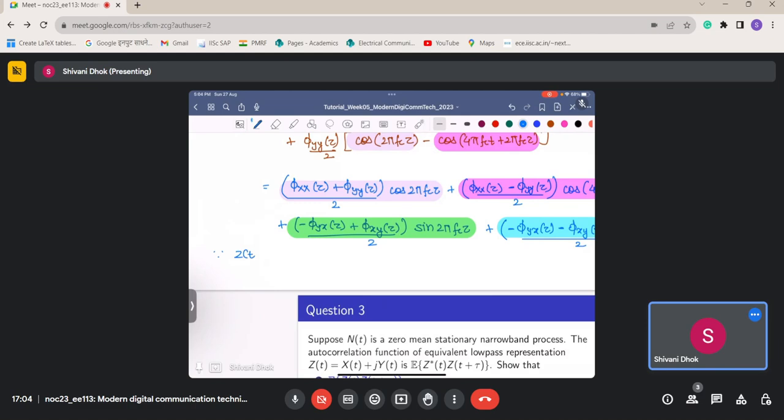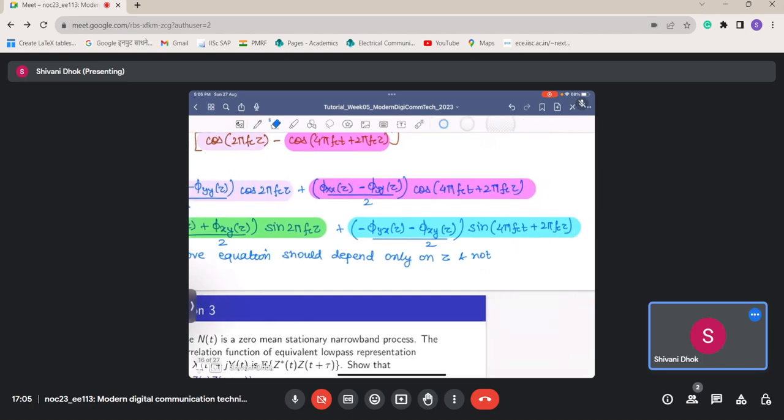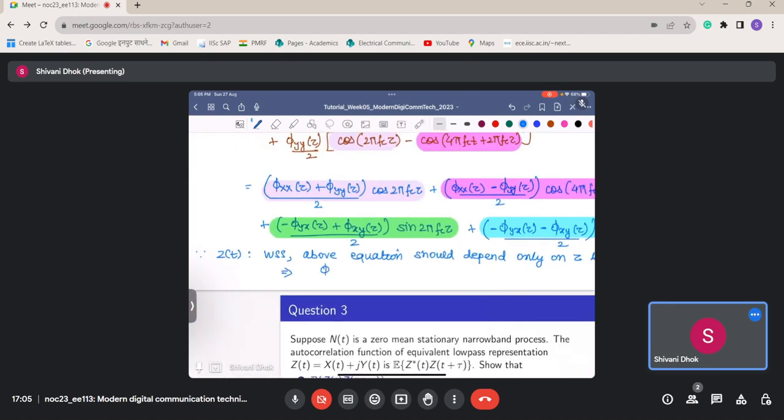These two terms will go to 0 only when, since z of t is WSS, the above equation should depend only on tau and not on t, which means that phi xx of tau should be equal to phi yy of tau.